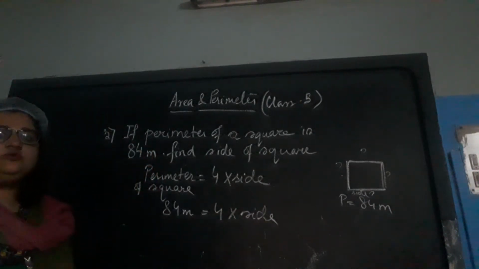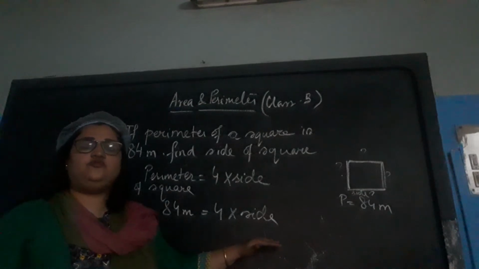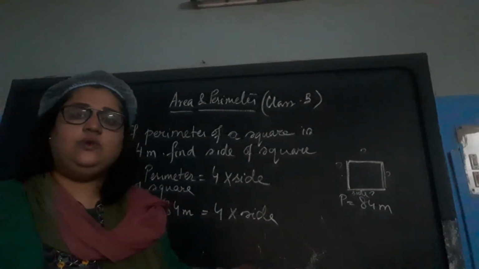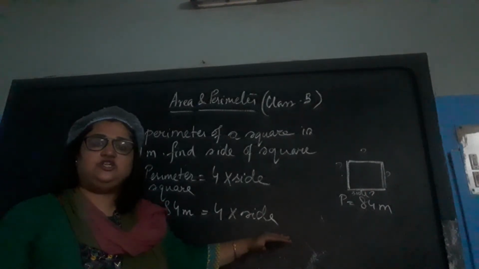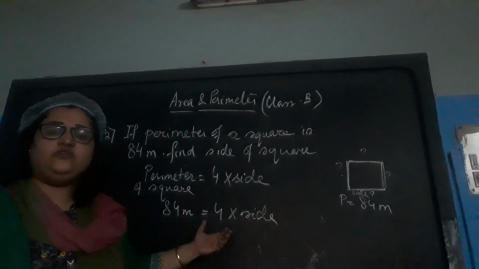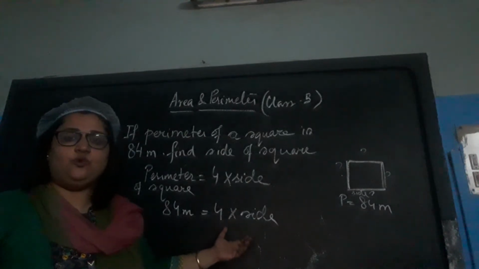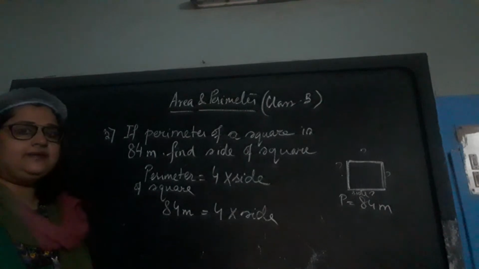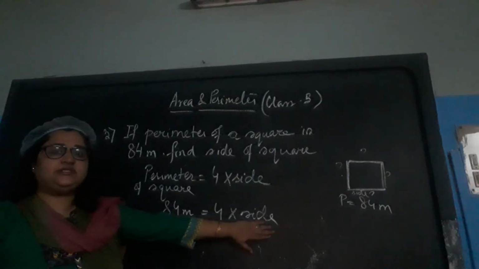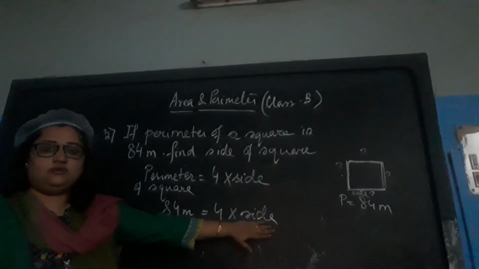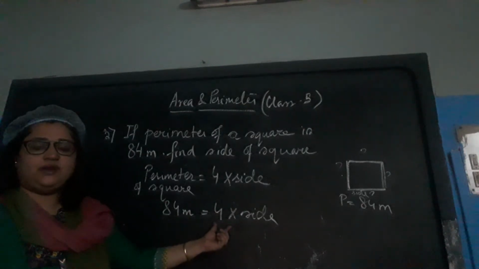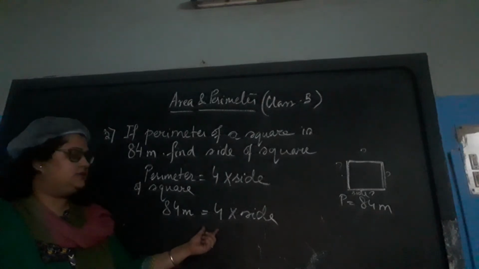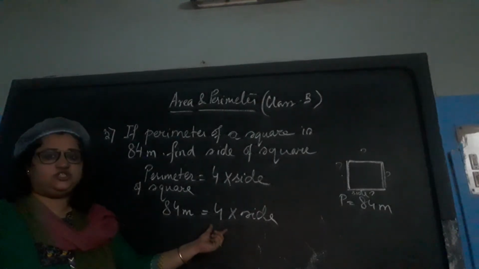Now which is unknown, which you have to find? You have to find side. So whenever we want to find anything unknown, we keep that on one side and shift all the rest, the numbers which we know, to the other side to find its value. Similarly, if I want to keep side alone, this 4 which is multiplied will shift to the other side, and whenever you shift, sign change takes place.